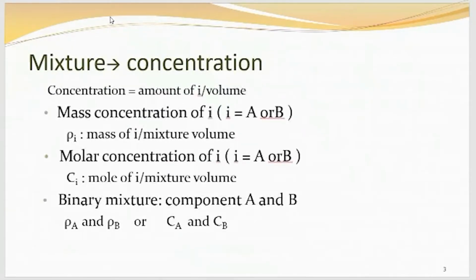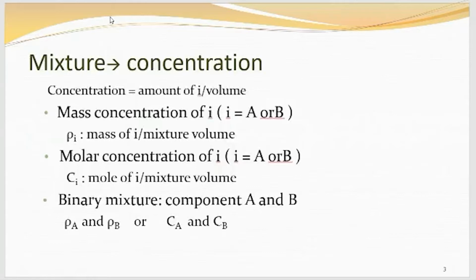I want to ask you, what is the difference between rho i and Ci? Rho i is the mass and Ci is the molar. Correct. Both of them are concentration, no need to be confused. Rho is the mass concentration, with units of gram per cubic centimeter.